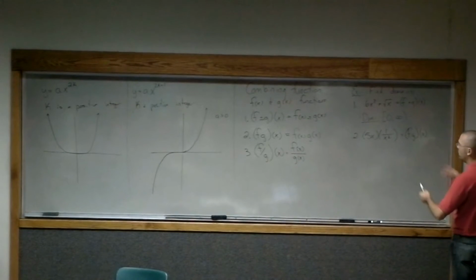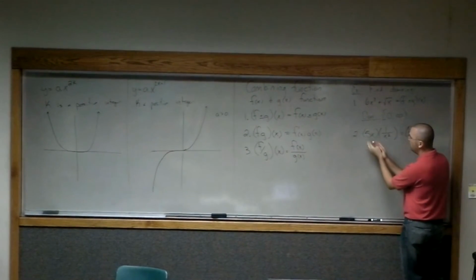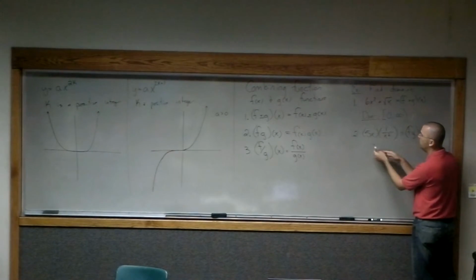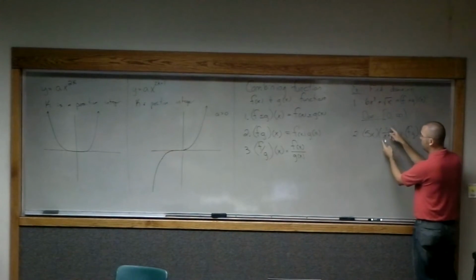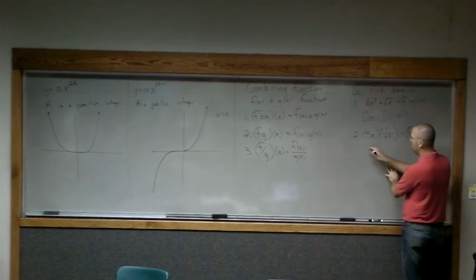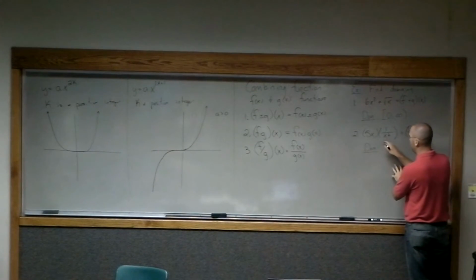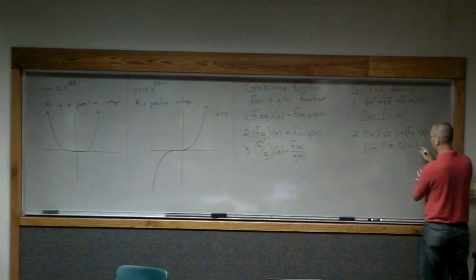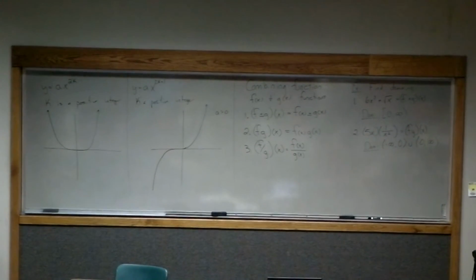Again, we look at each individual piece of our product if we have to, and we identify what we can plug in. 5x, I can put anything I want into 5x. Any real number works there. But this 1 over x squared part, I need to be careful of. There are values that I can't plug into the denominator because I'd end up dividing by 0. And so here, our domain must be everything except 0. Using interval notation, this is what the domain there looks like.